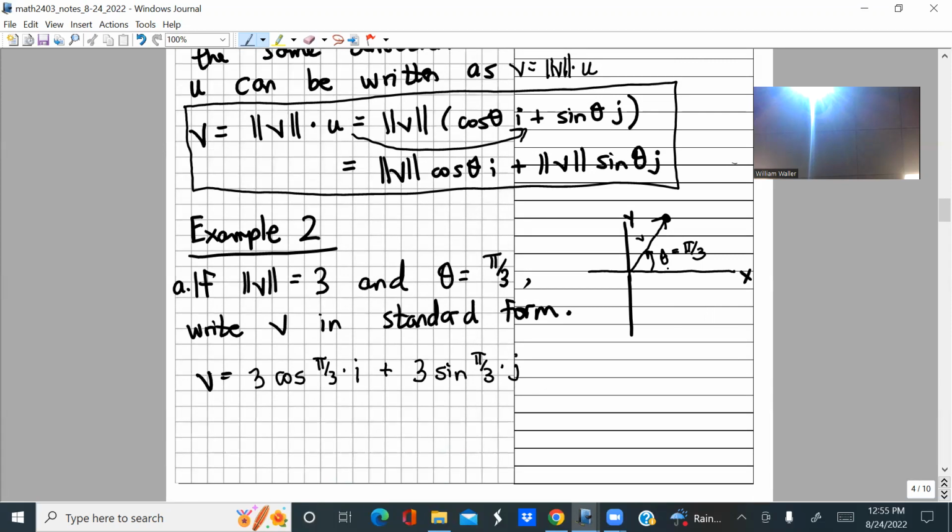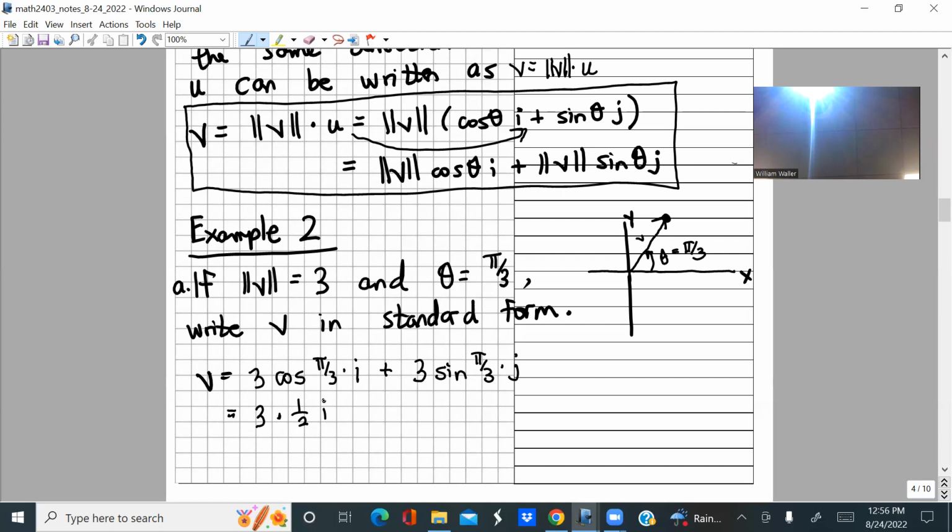I don't have to do any trig from this picture, because that work is already incorporated into this equation. But we do have to remember what cosine of pi over 3 and sine of pi over 3 are. Cosine of pi over 3 is 1/2, which is 0.5, but you want to remember that, because it's a special angle.